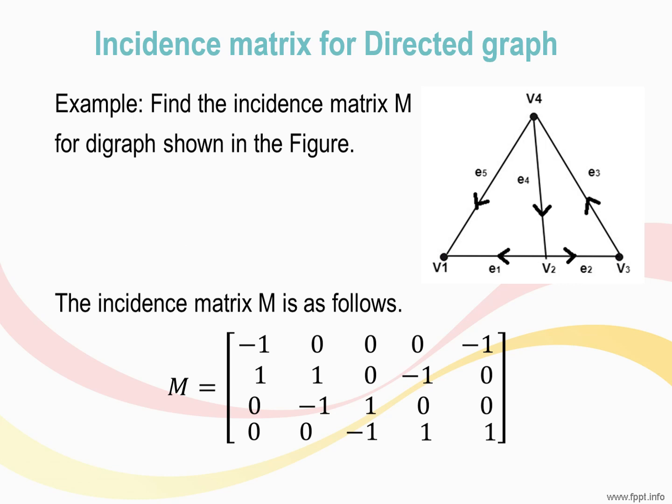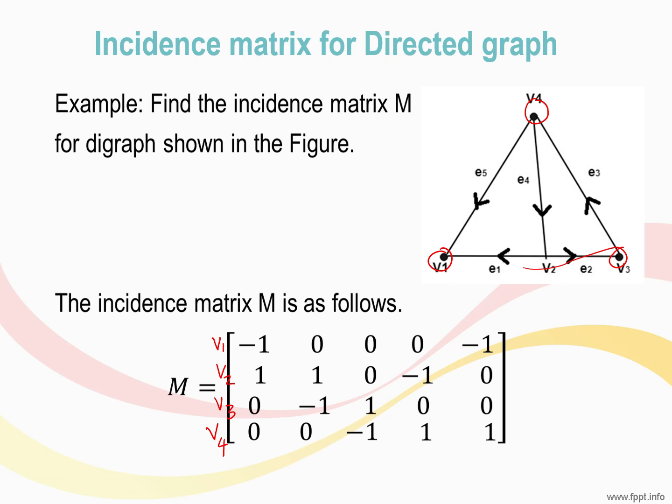Here we give you one example of how to obtain the incident matrix for a directed graph. Consider this graph. This graph involves 4 vertices labeled V1, V2, V3, and V4. Therefore, the number of rows in the incident matrix M is equal to 4. First row representing vertex V1, second row representing vertex V2, third row vertex V3, and the fourth row vertex V4.